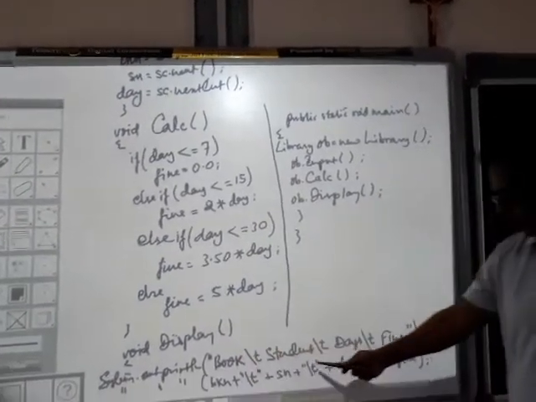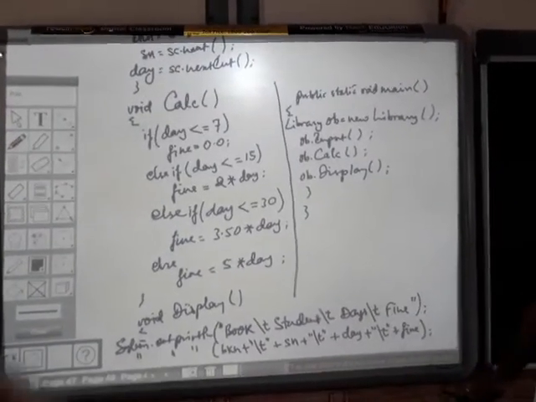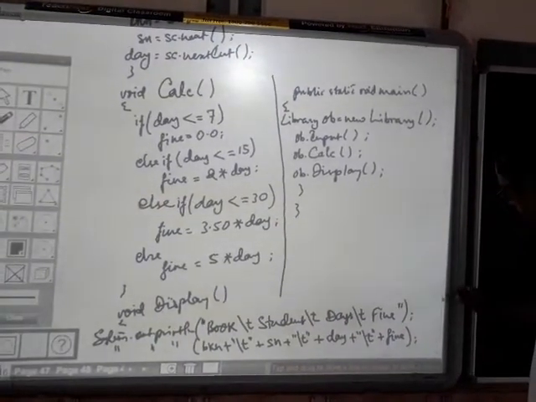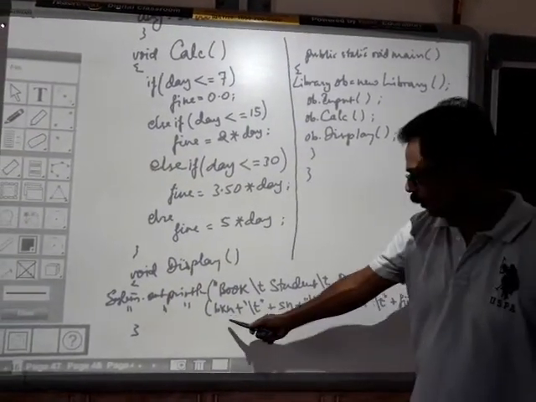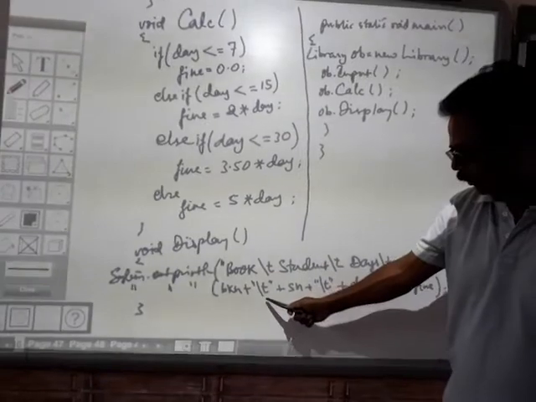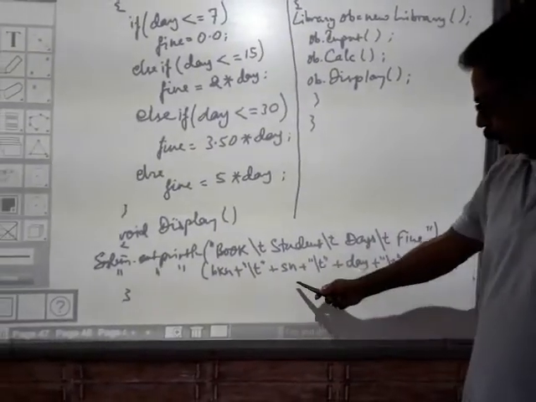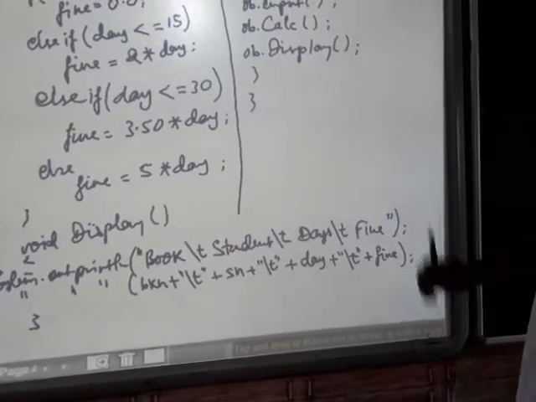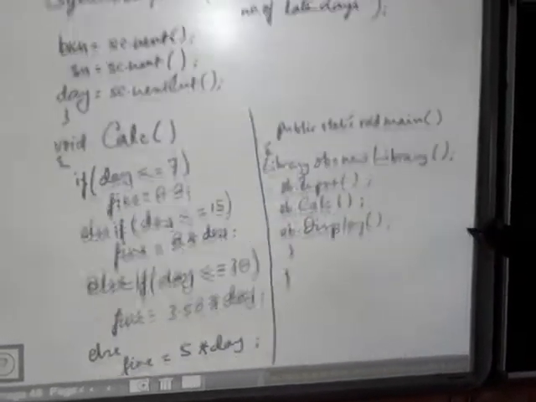This is the format: book, student, days and the fine, with \t. And then look at how these things are printed. The variables, plus then \t, should be written within double quotes. Here also student name SN, then \t, then day, then \t, and then fine. So this was the display function.